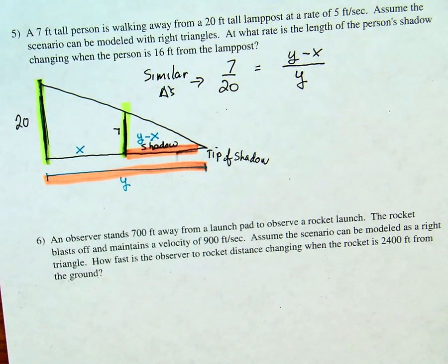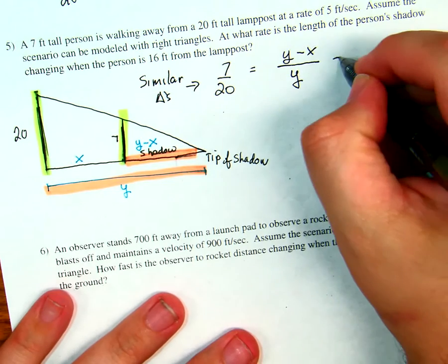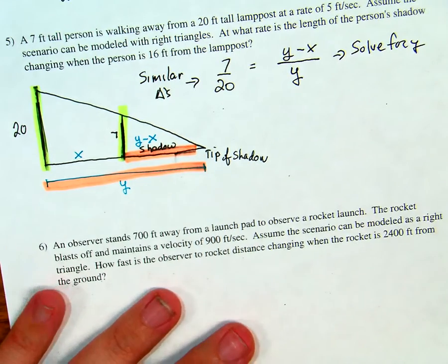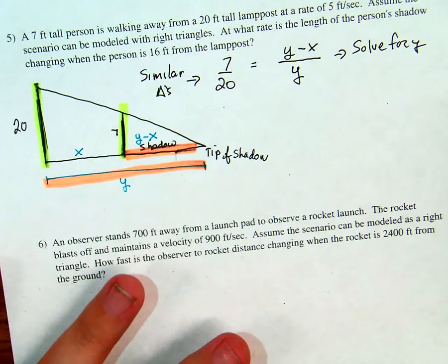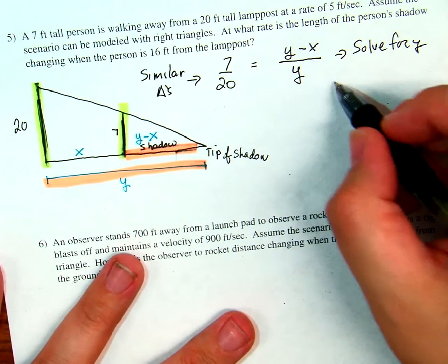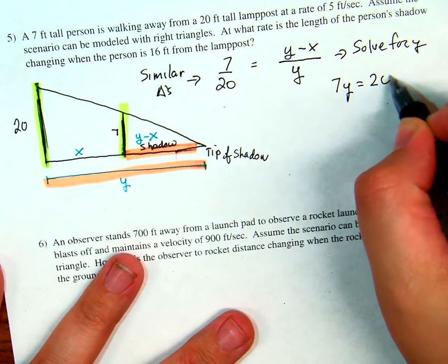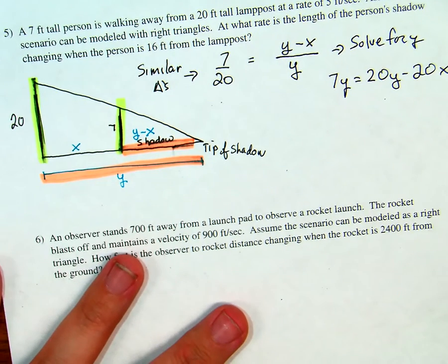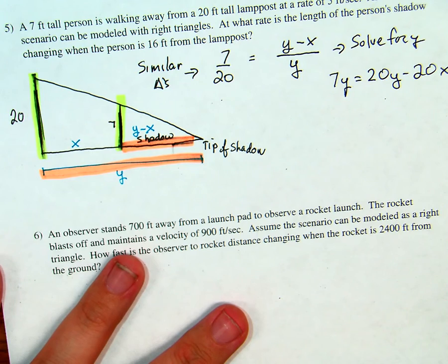All right, now, next thing we do, solve for y. Do a cross product, 7y is equal to 20y minus 20x. Everybody okay with that? I'm going to subtract the 20y from both sides.